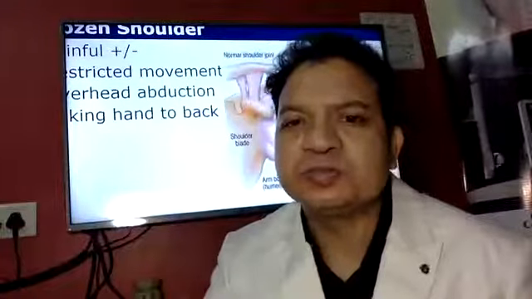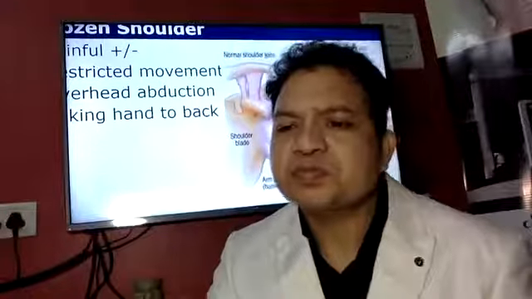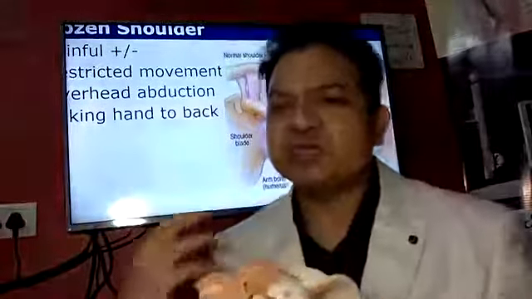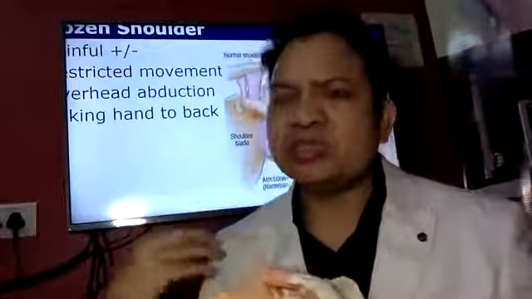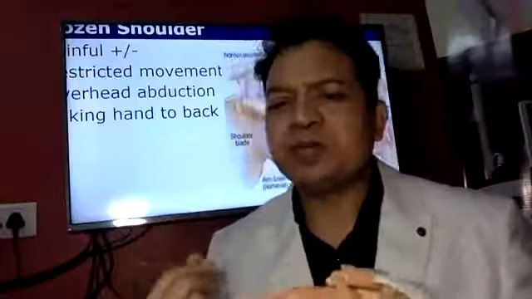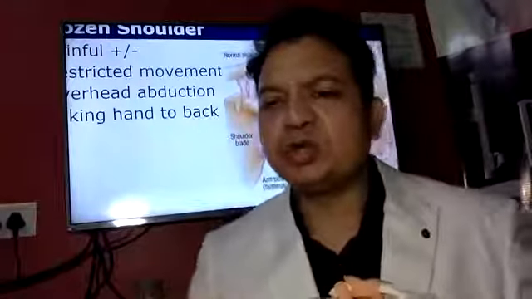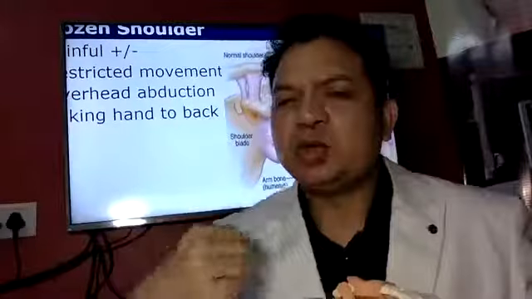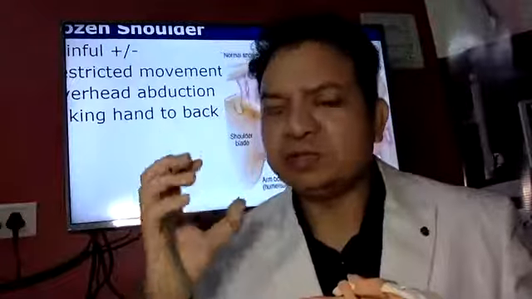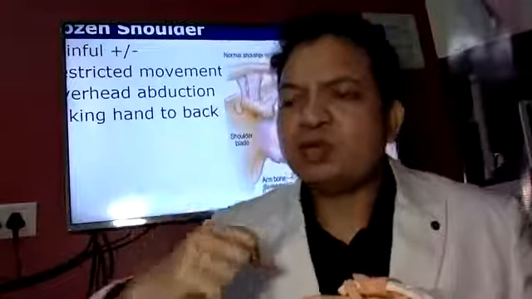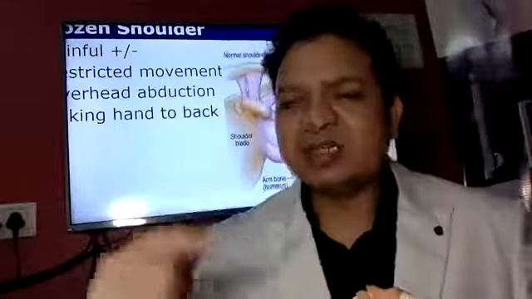People are afraid of moving the shoulder because there is pain. They don't move the shoulder joint, the capsule contracts further, the inflammation increases further, and this cycle keeps on increasing.